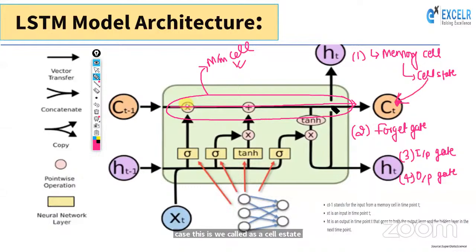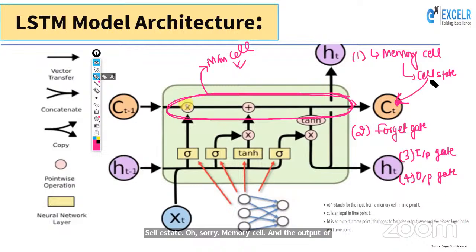Whatever calculation is going on over this particular section is the memory cell, and its output, C t, is the cell state. This is the first thing. Second thing, whatever operation is being performed by this particular section, we call the forget gate.